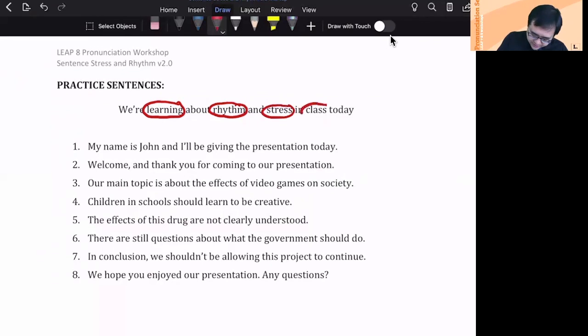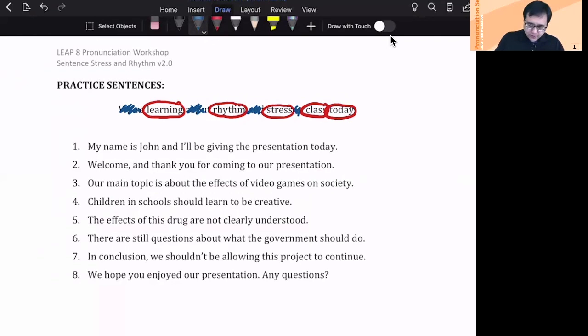Class, there's a noun, that's important. And then today. Okay, so those are our main content words. Again, the way we can check is we can just quickly block off the other words and see if the meaning is still clear. Would this make sense if someone said learning, rhythm, stress, class, today? Absolutely, we would understand that, okay?